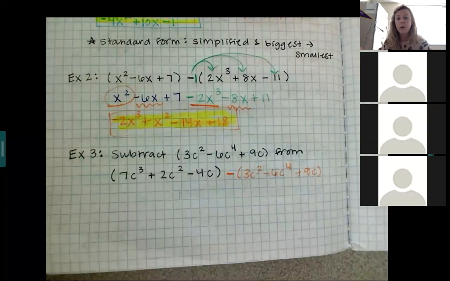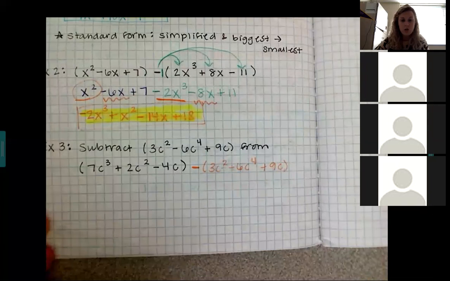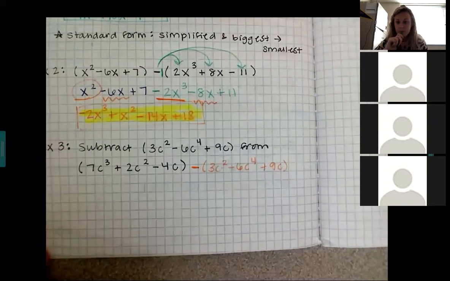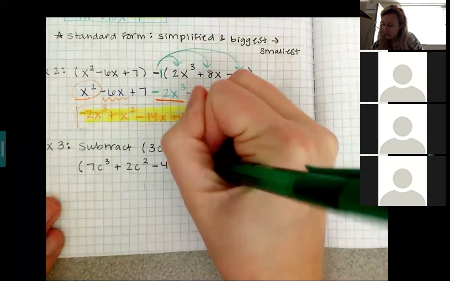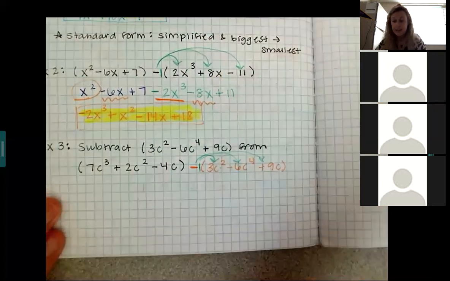So now that I have it written in the right order, what do I need to do first? Simplify. Not yet. Distribute. Good. Distribute. Good, Veedy. And somebody else is saying it too. Distribute a -1 because you are subtracting.